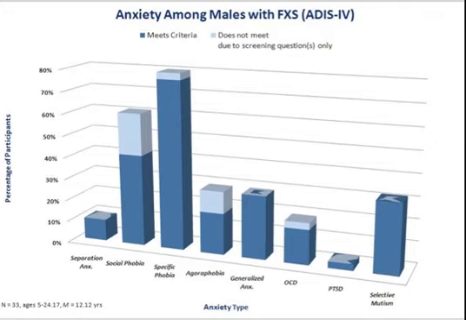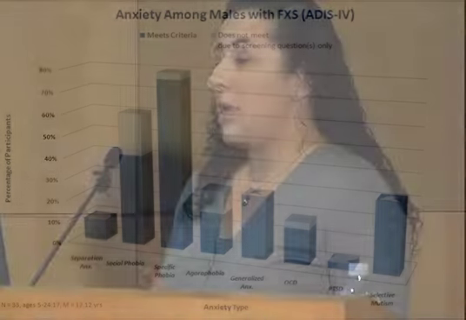Those initial screening questions usually require some type of verbalization or reporting from the child about their anxiety symptoms, so things like I worry a lot in a social situation, or I'm scared to be around people. For a large majority, particularly the males with Fragile X with an intellectual disability, that's difficult to report.